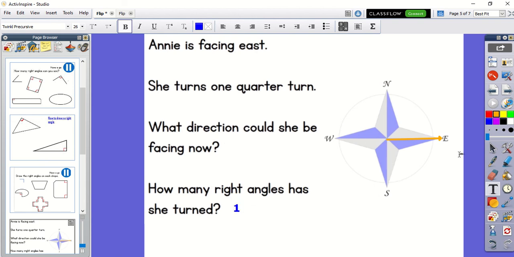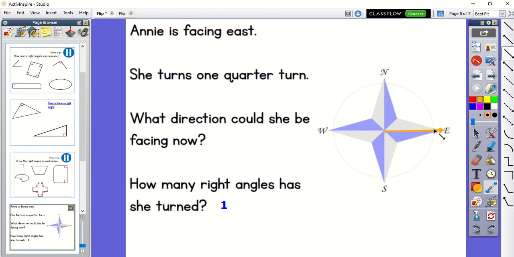Now, as for what direction could she be facing? Well, if she did a quarter clockwise, so 1/4 turn, let's do a different colour, let's go red. So she's starting at east, she's doing 1/4, so she's going 1/4 of the way around. She's ended up at south.